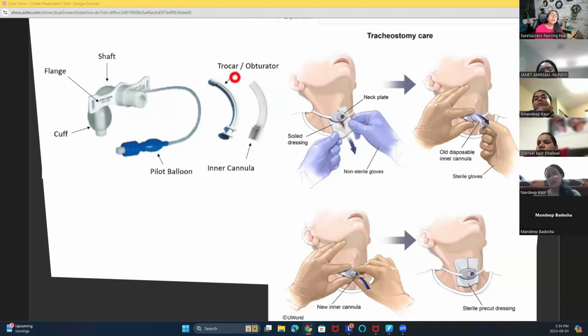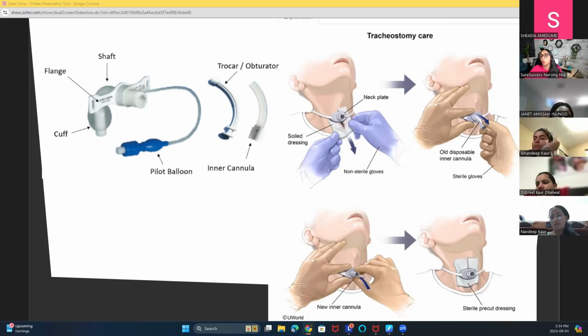Another thing, why I'm telling you about this word obturator, which is a guide: always make sure you have the obturator beside the bed in case of emergency. Now let's suppose I was your patient and I coughed it out and it is on the floor. Will you insert that tracheostomy into my trachea?